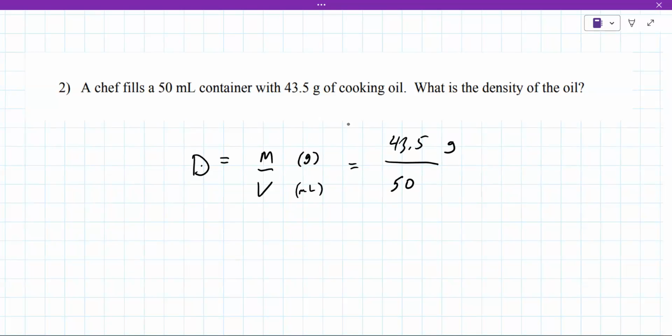Okay, 50 milliliters. Go to the calculator and divide and give me the full answer, as many decimal places as it gives you. That's 0.87. 0.87, and the units are grams per milliliter. Yep. Okay, very good.